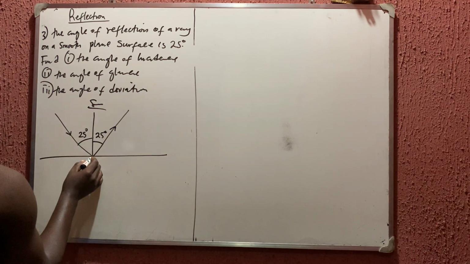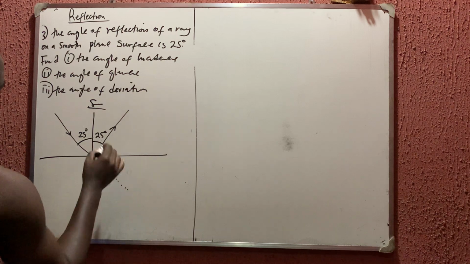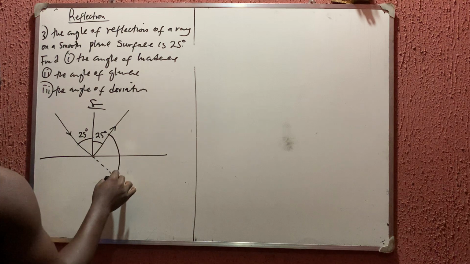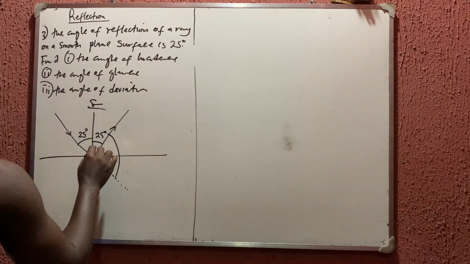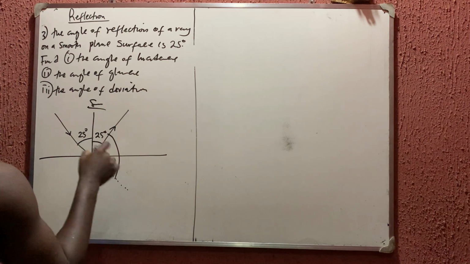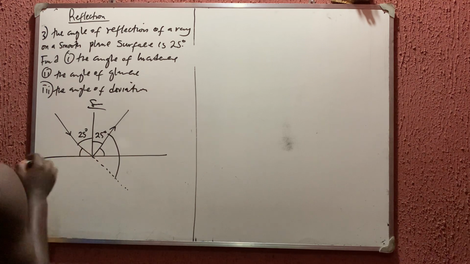Okay, if we decide to trace this incident down like this, we will now have that the glance is from here to here. Sorry, my glance is here. This is my glance, while this is my deviation. And this is equally my glance.